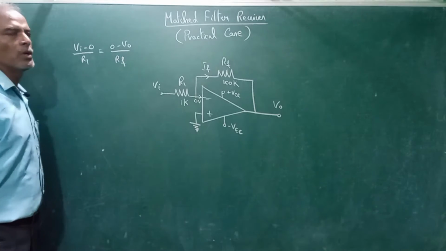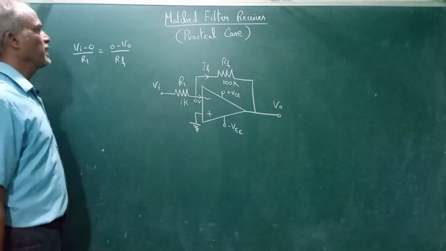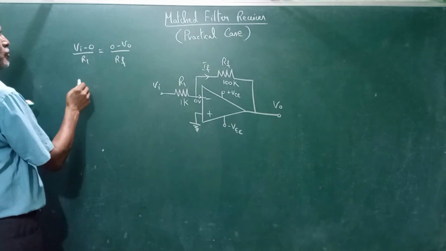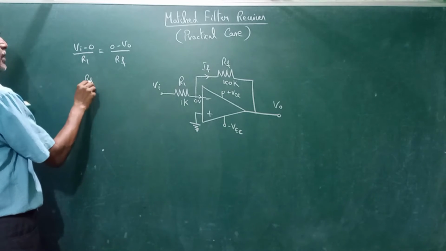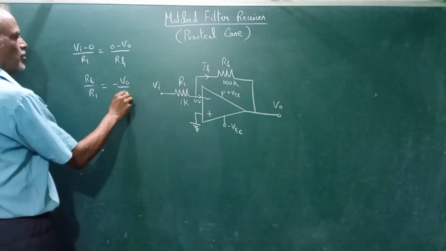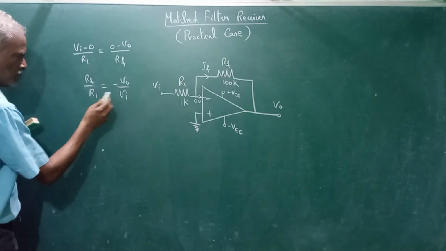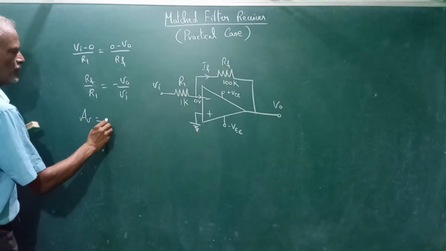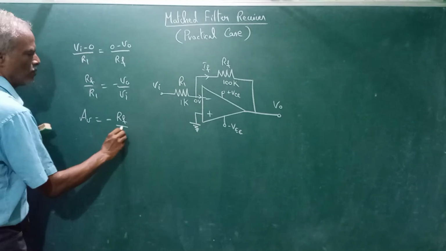Now what is the gain? V out by Vin, that is the gain. So you bring this RF across and move V in to that side. So RF by R1 is equal to minus V out by Vin. Now multiply by minus 1. So V out by Vin, AV, is equal to minus RF by R1.